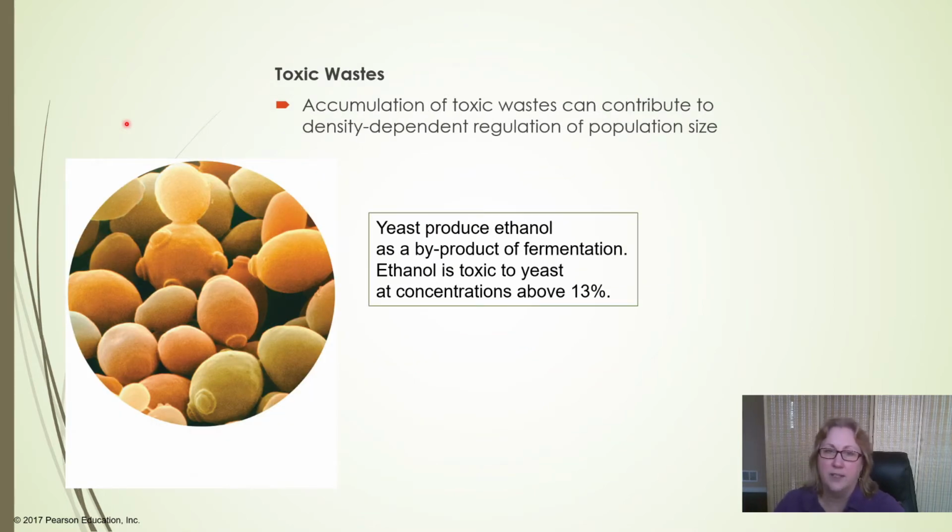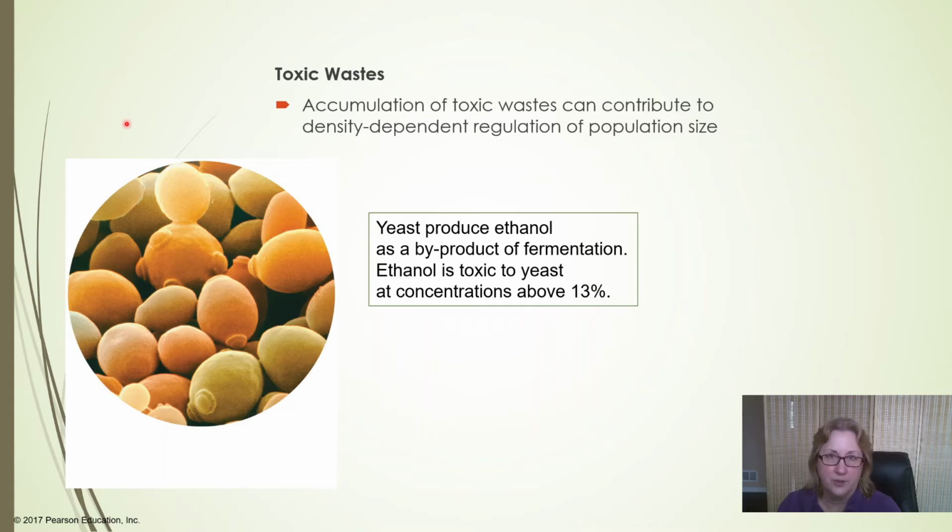Production of toxic waste. This would mostly apply to aquatic species and also yeast. Yeast are fungus. Their natural environment is rotting fruit. And they're eukaryotes, which don't divide very rapidly. It takes 60 to 90 minutes for a yeast cell to divide. So they're competing for resources in the rotting fruit with bacteria, which divide 3 times as fast.